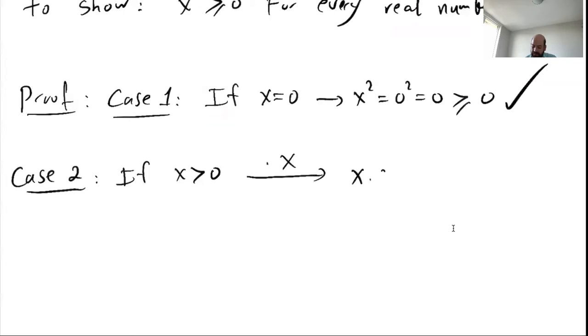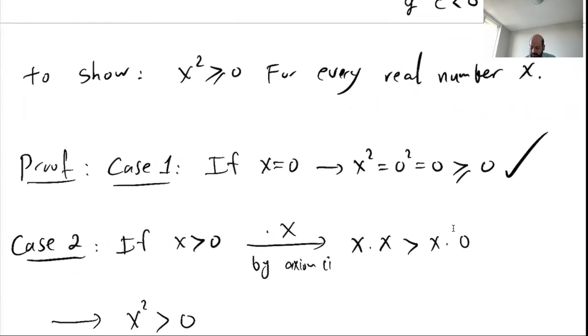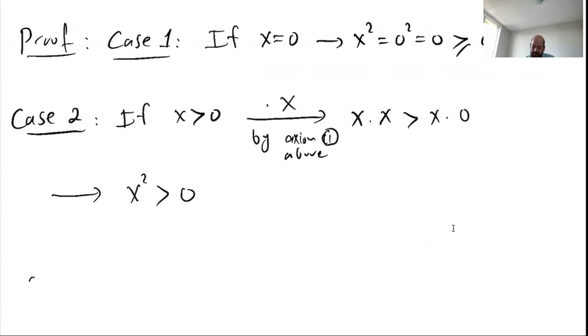Then I'll get x times x bigger than x times 0. X times x means x squared, and x times 0 is 0. So this one by axiom 1 above. And finally, case 3.